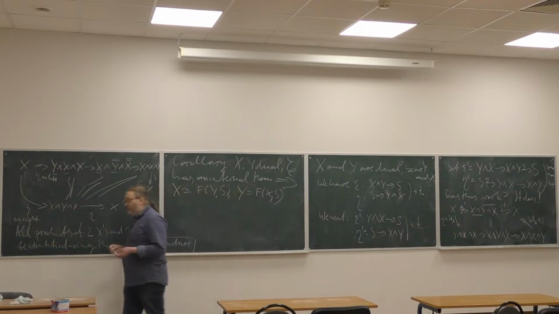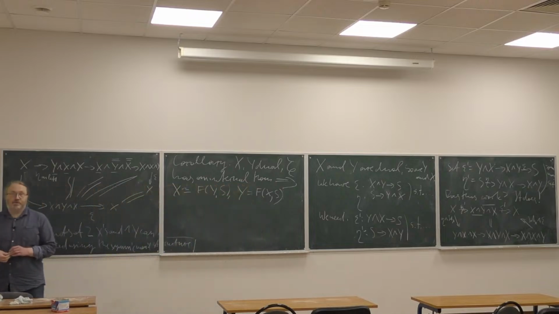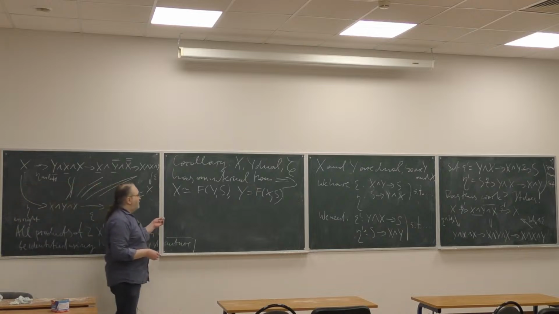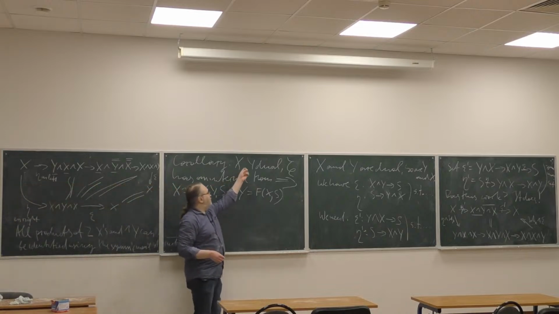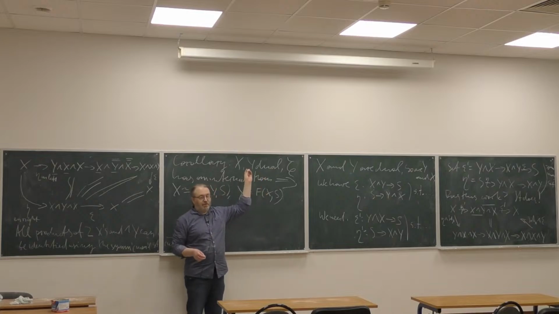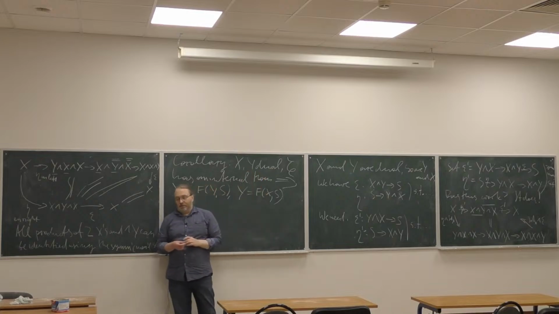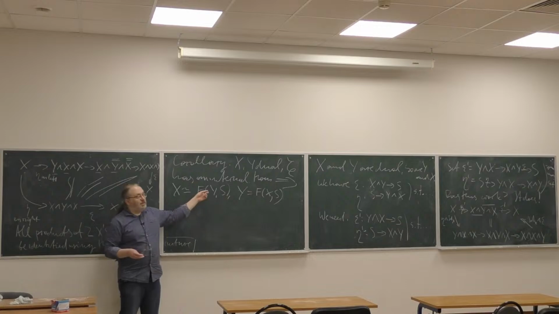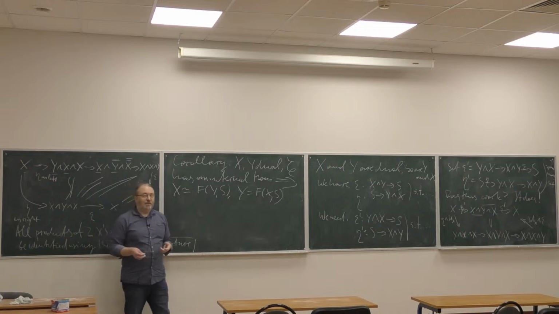If we have a category which is symmetric monoidal, which has an internal Hom, then two objects which are dual in some order are also dual in the opposite order. And each of them is the internal Hom of the other one to S, up to isomorphism.